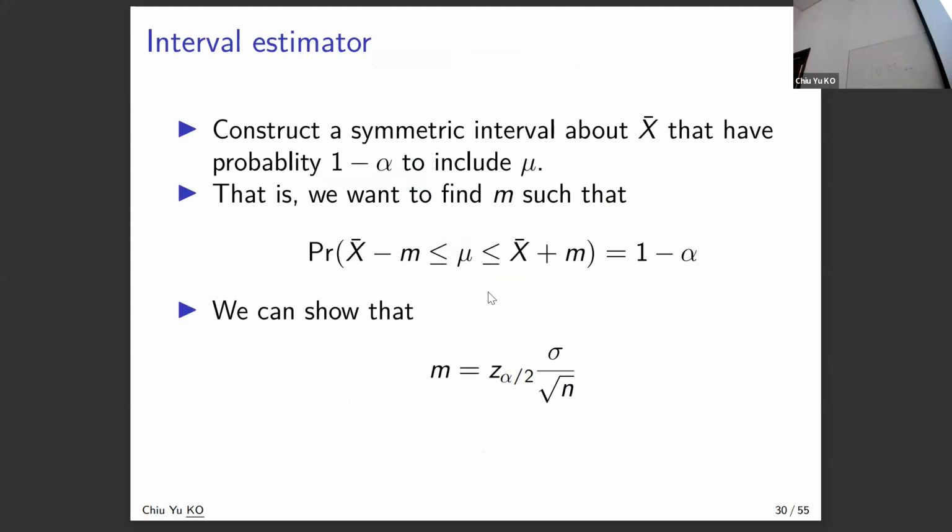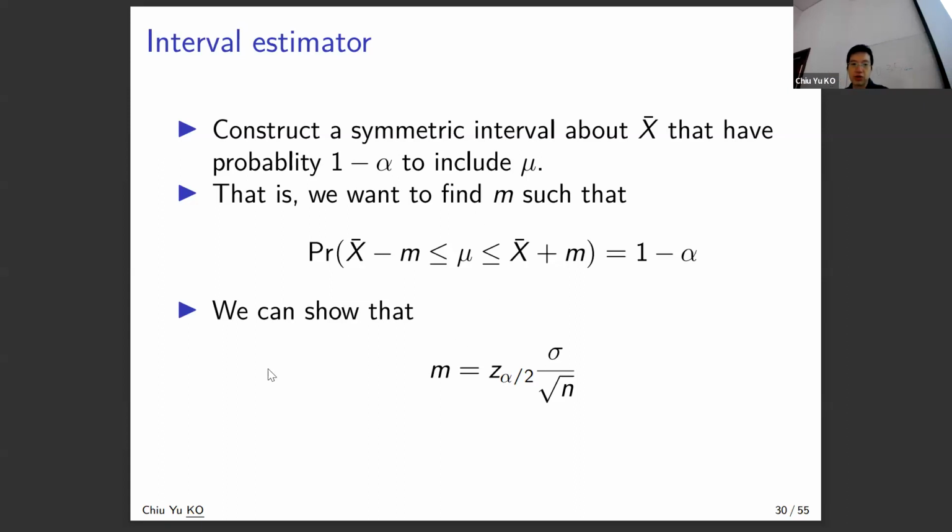We want a high probability that the interval around X bar actually includes mu. Remember, mu is not a random variable. The random variable is X bar. So that is a very important conceptual thing that you have to remember, okay?